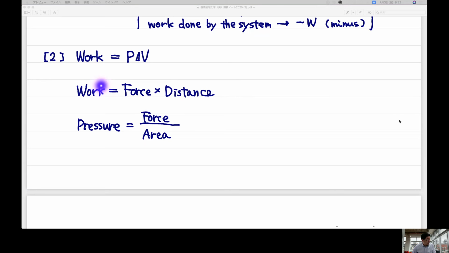And from another point of view, maybe you understand that pressure equals force over area.